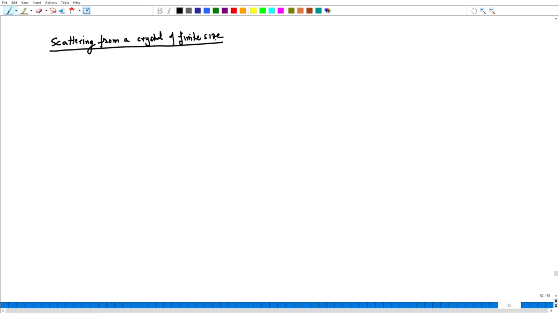Here, atoms only at the corners of a unit cell, and atoms are considered as point scatterers.